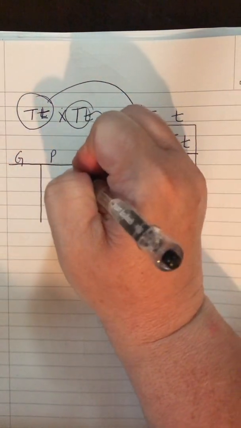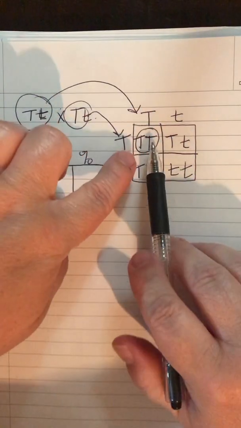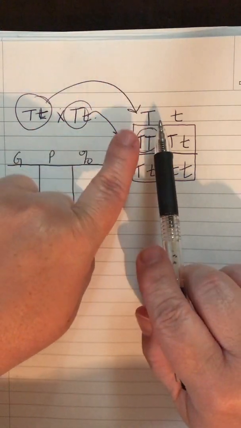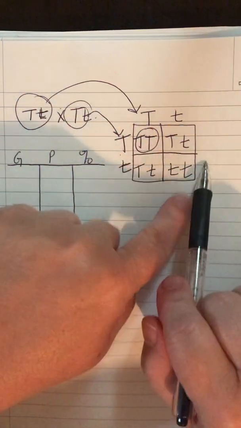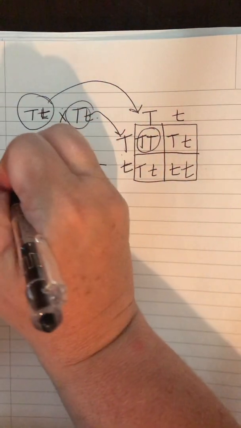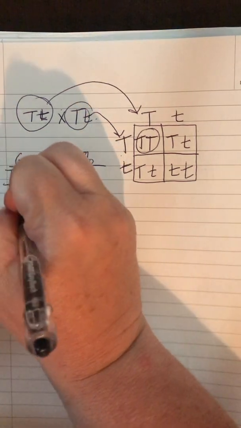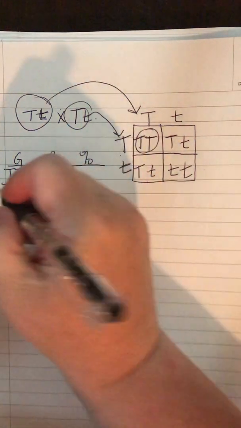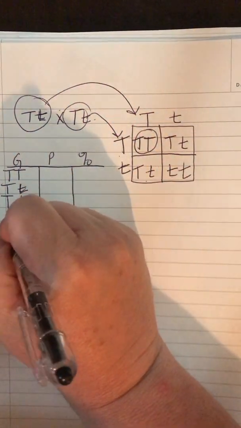Now this time I have some different options in here. So I just always write the chart from top, just like I read it. So top left, top right, lower left, lower right, left to right, just like you read. So I have big T, big T. I have big T, little t. I have another big T, little t. And I have little t, little t.